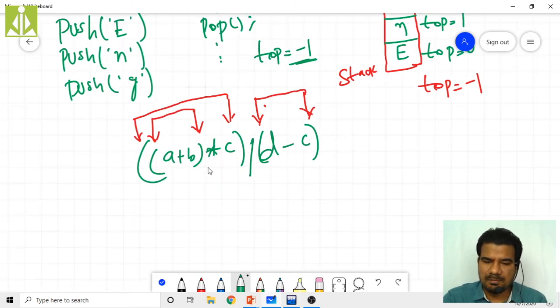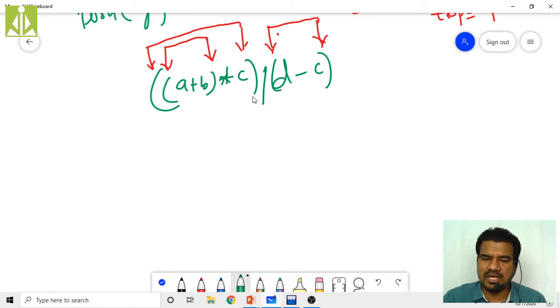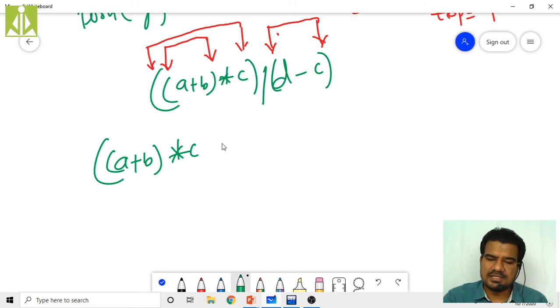I'm taking one simple expression like this. A plus b, and I'm taking a set of parentheses, then multiplied with c, and I'm dividing with d minus. I'm not keeping any parenthesis over here, and I'm not keeping any parenthesis over here.